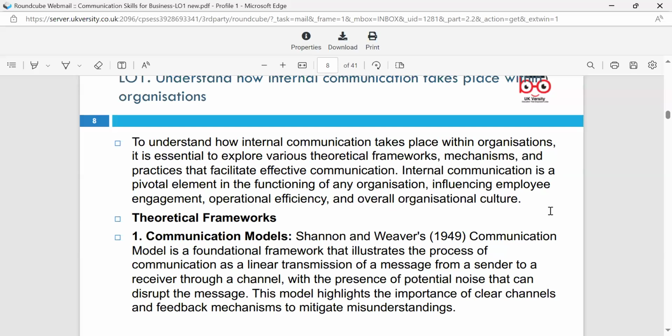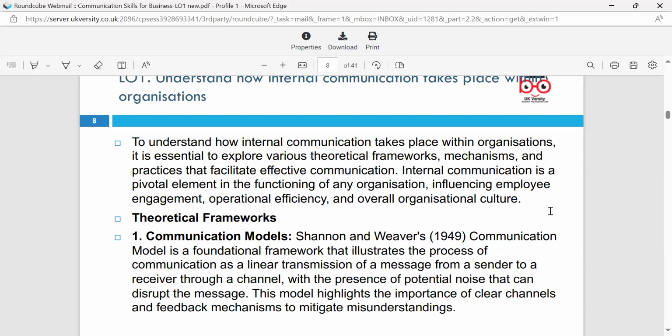The model breaks down effective communication into 5 elements. The source is the person who decides and creates the message. The second element is the transmitter, which translates the message into a signal. Then the channel is the way the signal is delivered or carried.